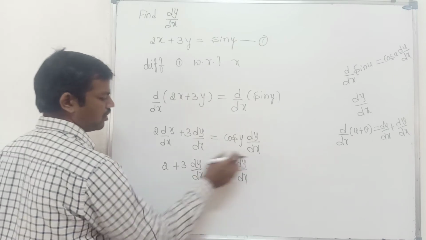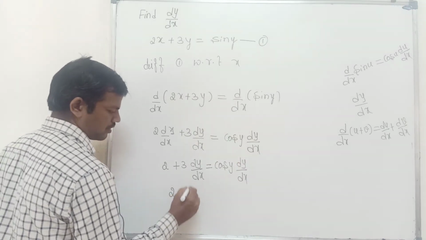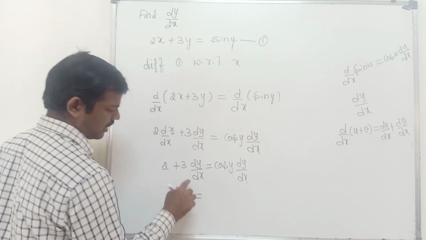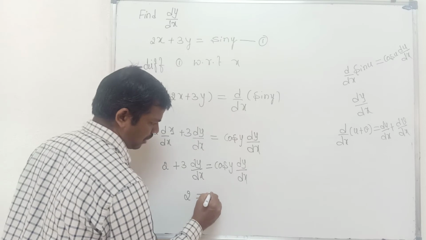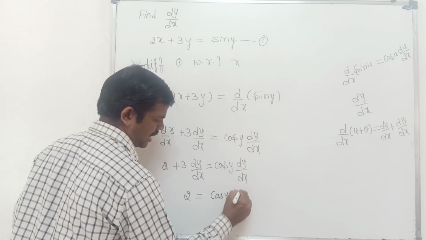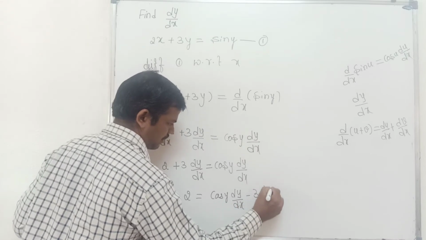What we need is dy by dx. So let me bring it to this side. 2 plus 3 dy by dx on the other side: 2 is equal to cos y into dy by dx minus 3 dy by dx.